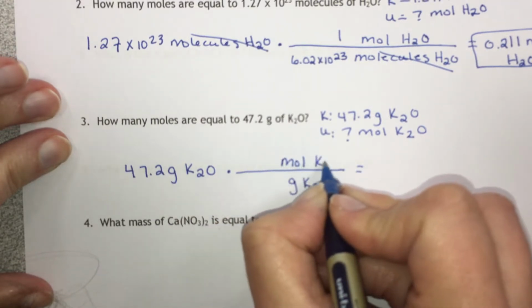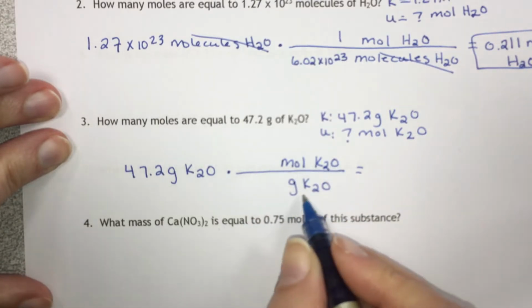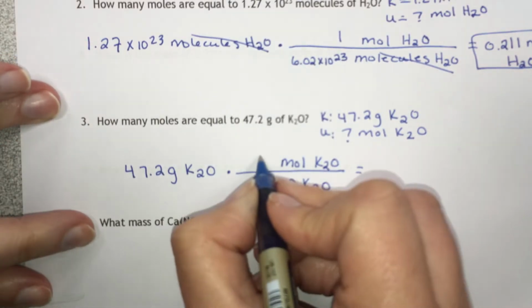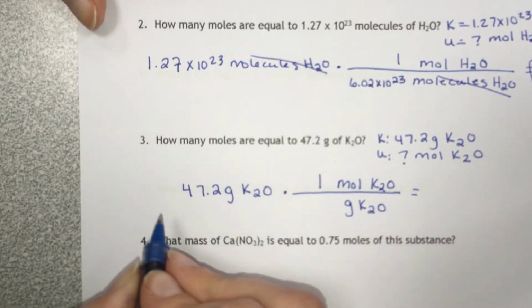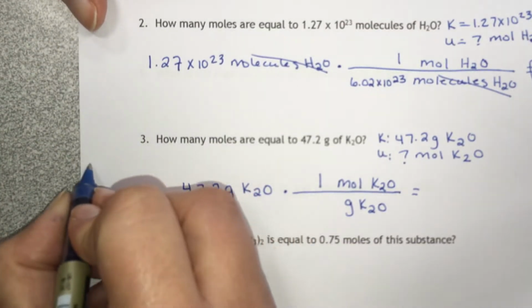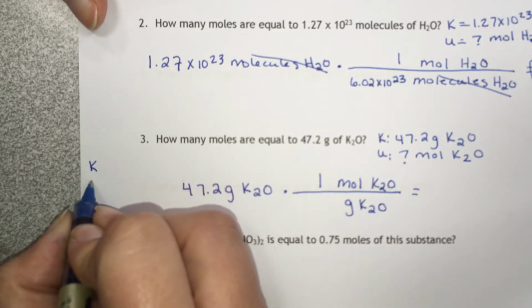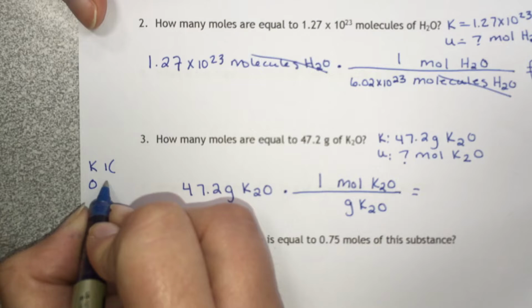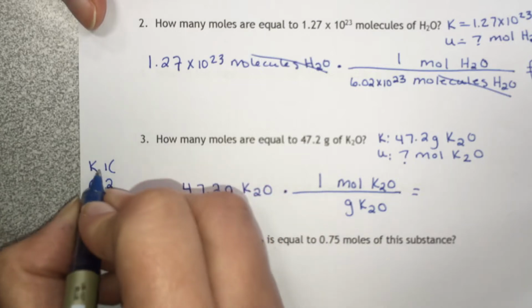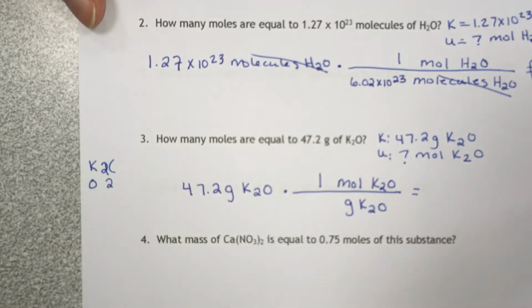Moles of K2O. So basically we have to find out how much this thing weighs. So for every 1 mole, this thing has a mass. And to figure that out, we must add its mass. So this is where we go to the side and we do potassium and oxygen. We have 1 potassium, and we have, okay, my bad, we have 2.